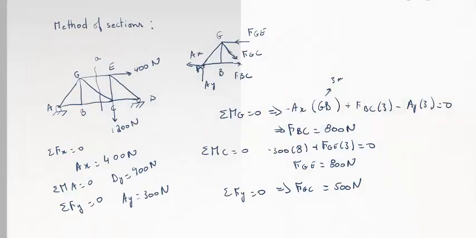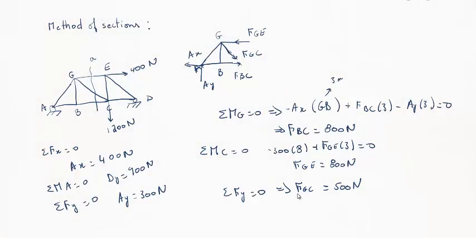Now, to keep going, I will talk about another method to solve these sorts of problems. So let's say we have this assembly of links over here, A, B, C, D, E, G. Let's say we have the forces 400 newtons here, 1200 newtons here.